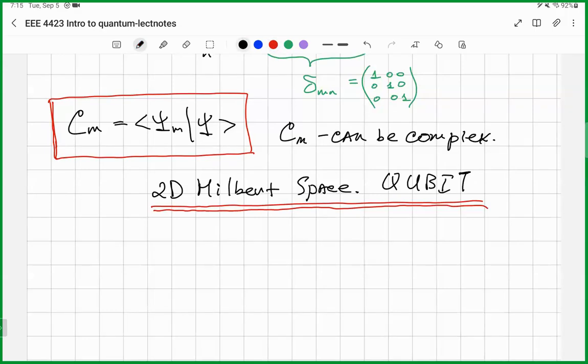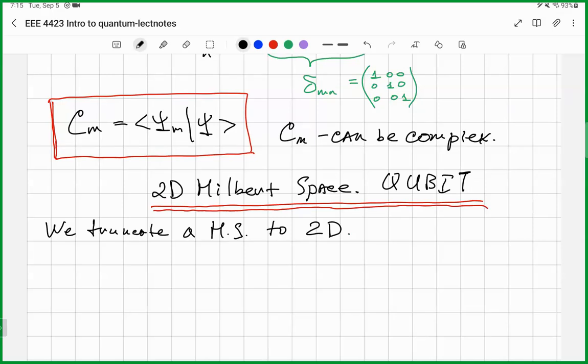So we truncate the Hilbert space to the two-dimensional case. Basically, we consider a truncated version of the entire Hilbert space.